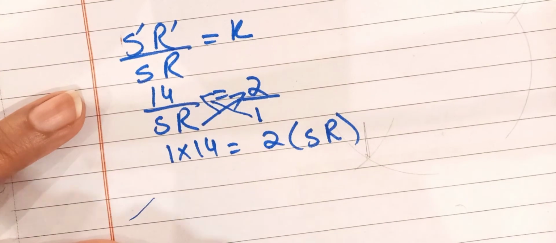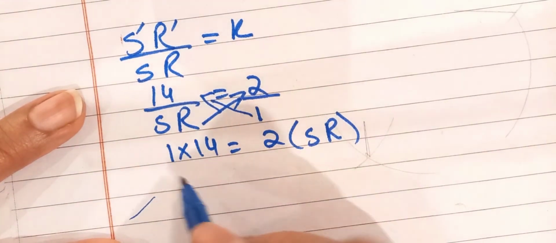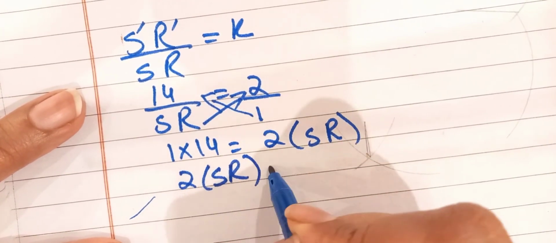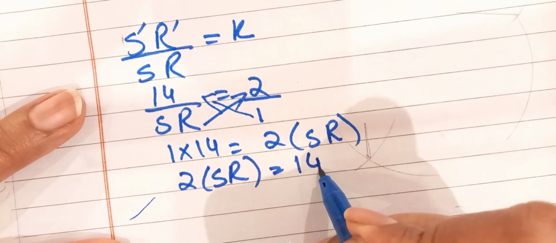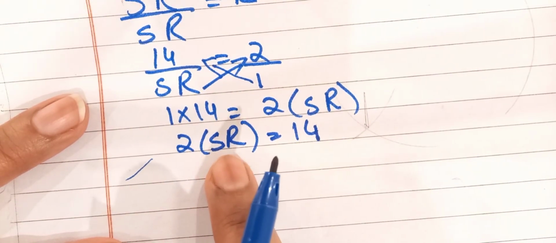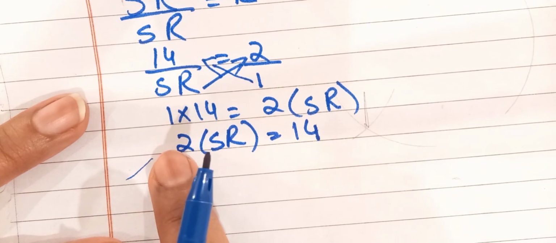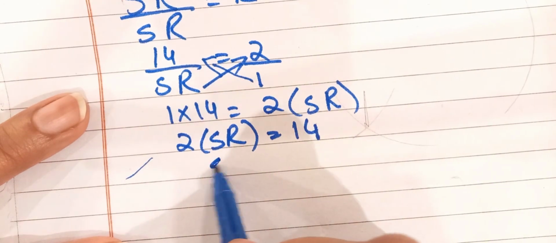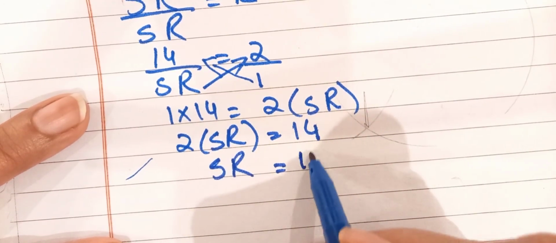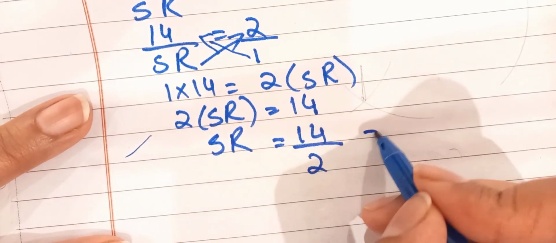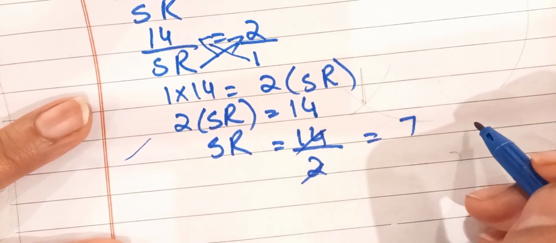When I swap, no sign will change. LHS will become RHS and RHS will become LHS. I will write down 2SR equals 1 into 14, which is 14. Now I have to get rid of this 2 because I have to find the value of SR. So I will take it to the RHS. Here it is multiplying. When I take it to the RHS, it will divide. So SR is equal to 7. This is the answer.